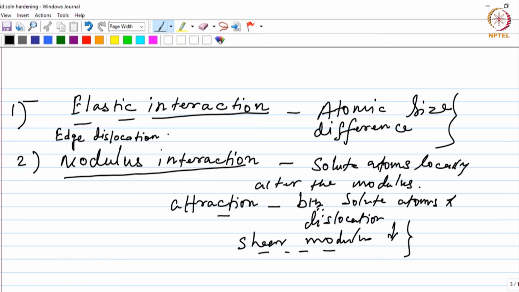The strain field associated with substitutional solute atoms is more symmetrical. You can say it is kind of spherical, and therefore the solute atoms of this nature, that is the substitutional solute atoms, will interact only with edge dislocations.